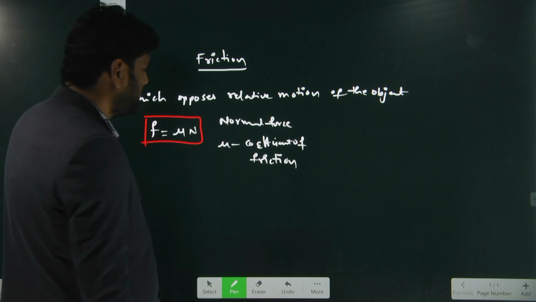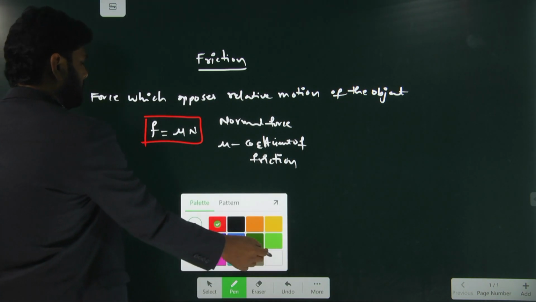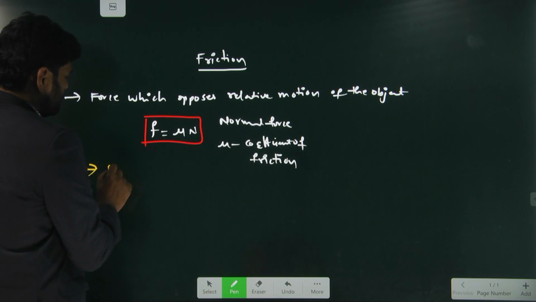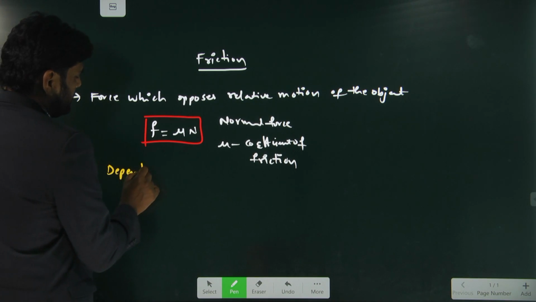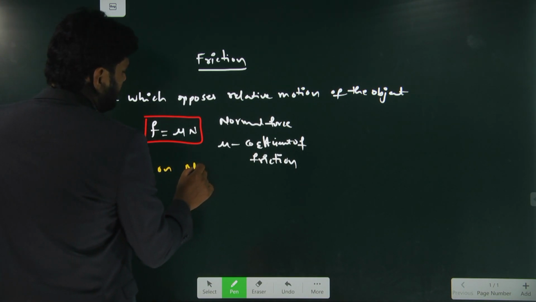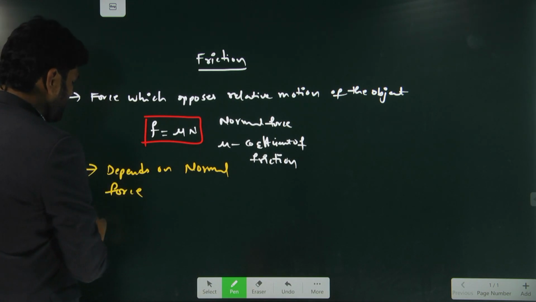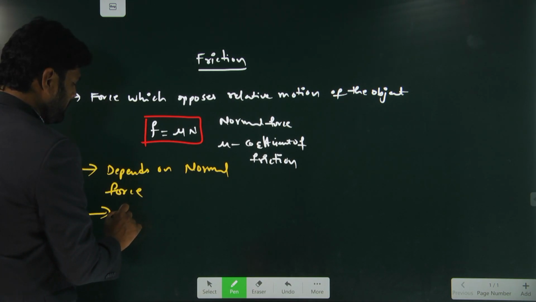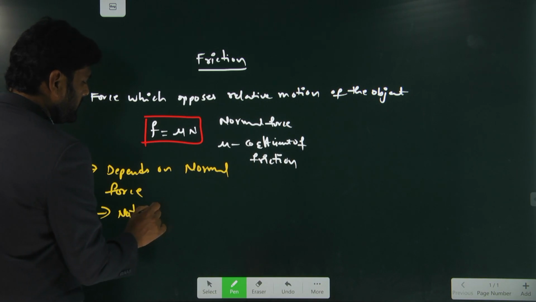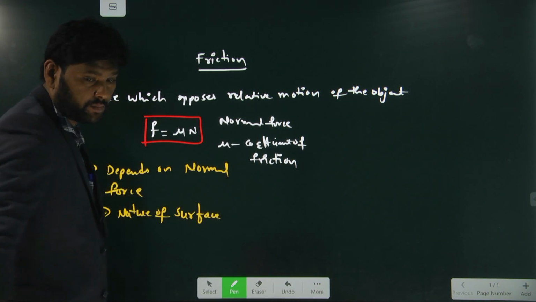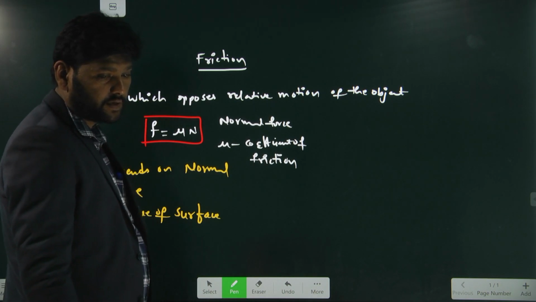Friction depends upon what factors? Friction force depends upon the normal force and the nature of the surface.